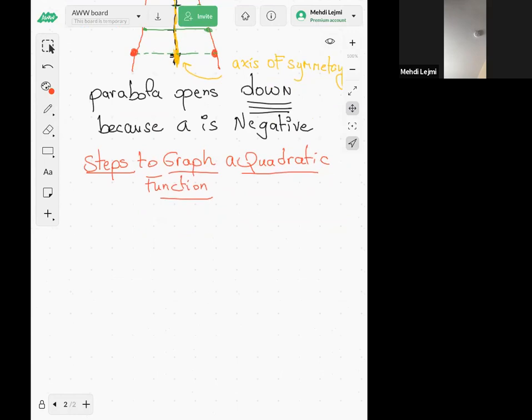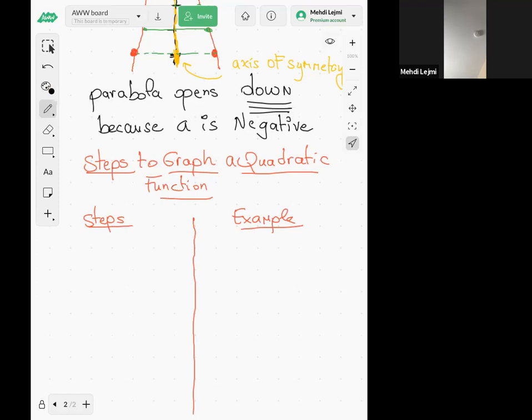I'm going to divide here. So here are my steps, and here is my example. Let's take a very simple example.